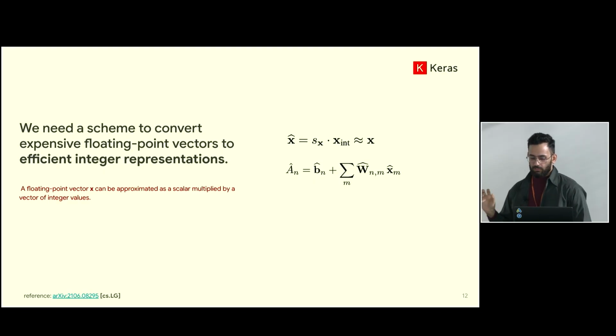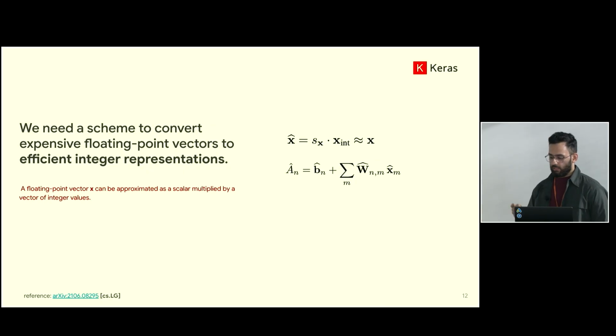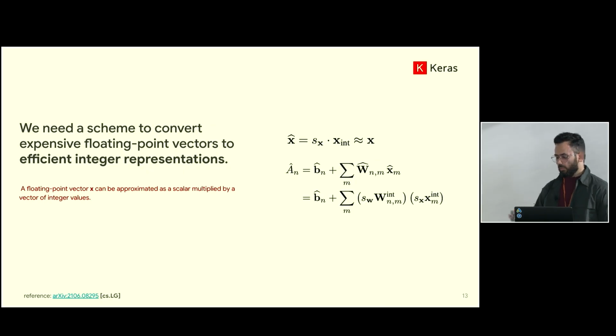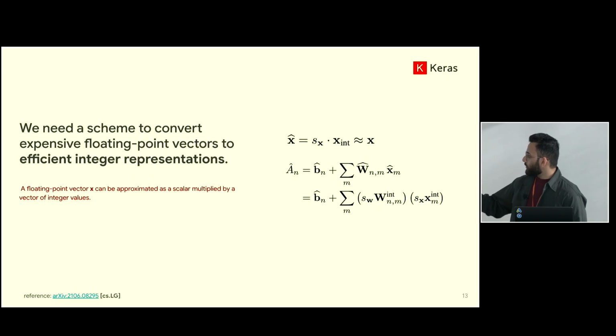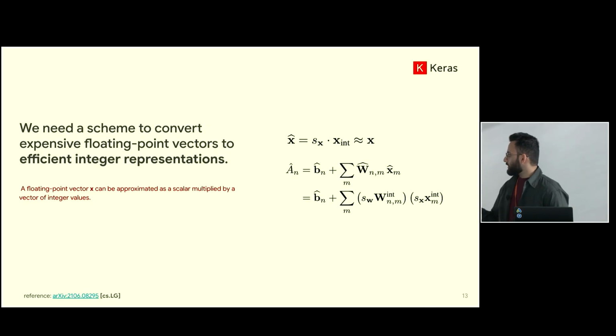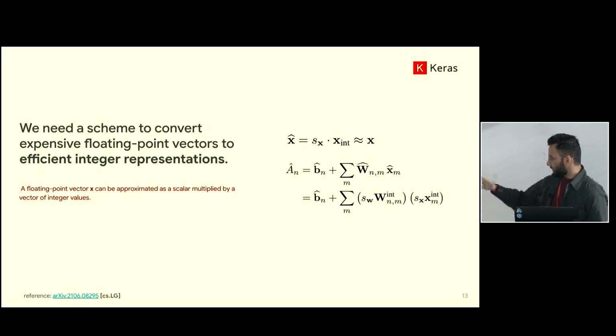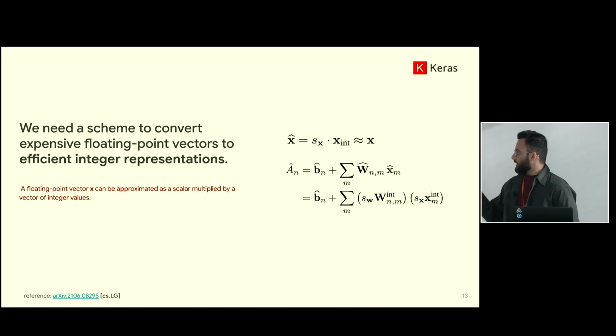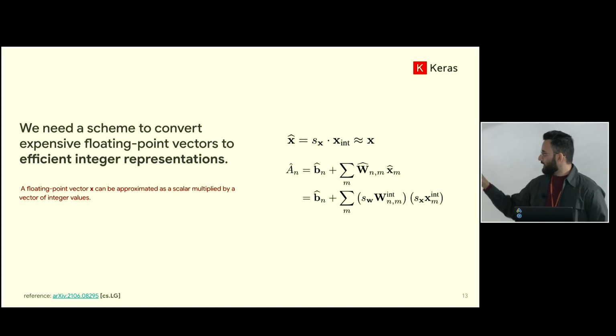And if we expand the representations of w hat and x hat in this equation, we get the multiplication between these scalar numbers as well as the integer vectors. Now the interesting thing here is that the scalar factors that we have, sw and sx, respectively for your weights matrix as well as the inputs vector, are multiplied with the entire integer tensor, and do not really depend on the summation.